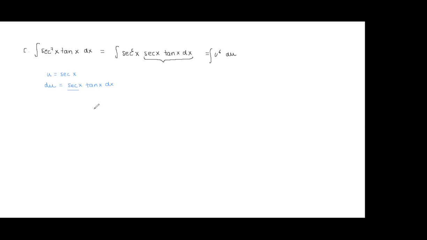This is why it's important to define u and du before I try to replace things, because you really need to have a plan for everything in your integral. At this point, this is the same as u to the power of 7 divided by 7 plus c, which of course I have to back substitute, and this is equal to secant to the power of 7 of x divided by 7 plus c.